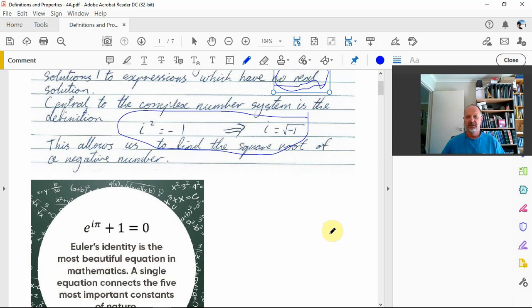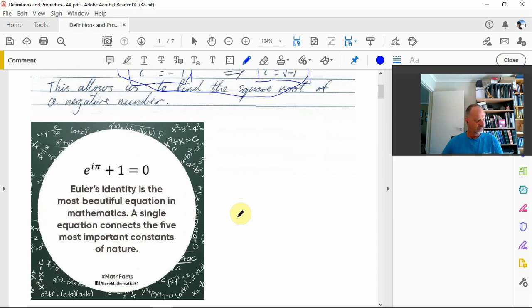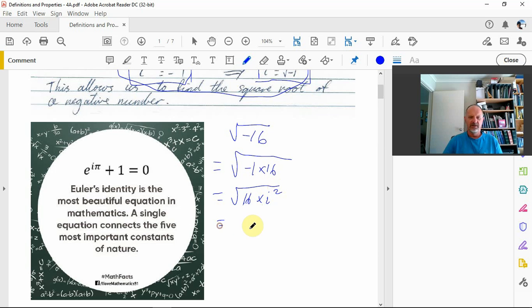So what does it mean to us? It means essentially this bit here, that i is the square root of -1, or i squared is -1. Therefore, if we have something like the square root of -16, we can say that's -1 times 16, which is 16 times i squared, and so 4i when we've square rooted those things.